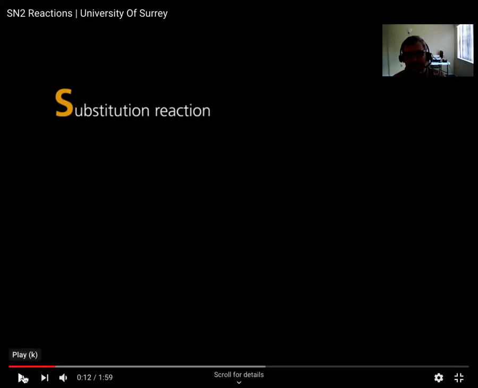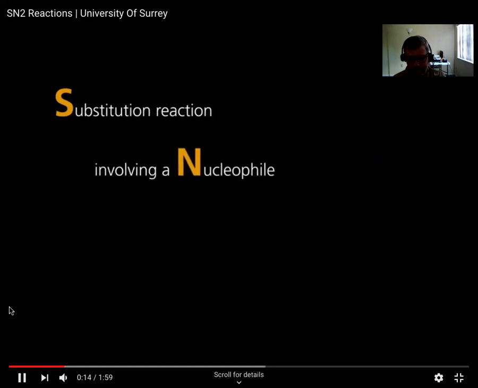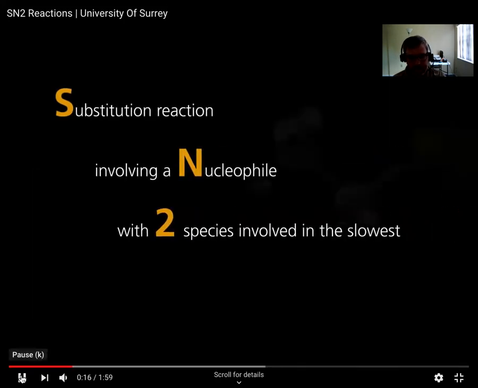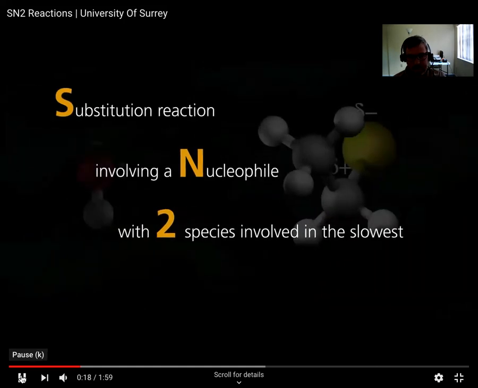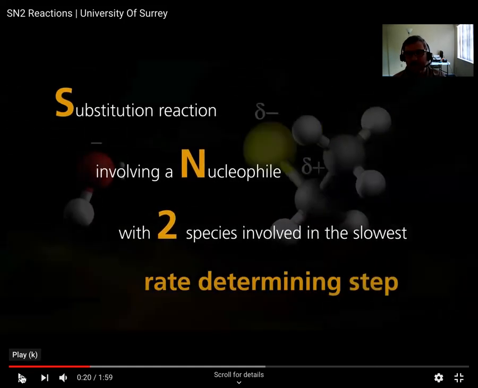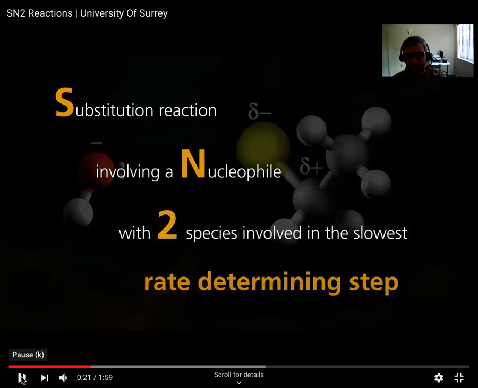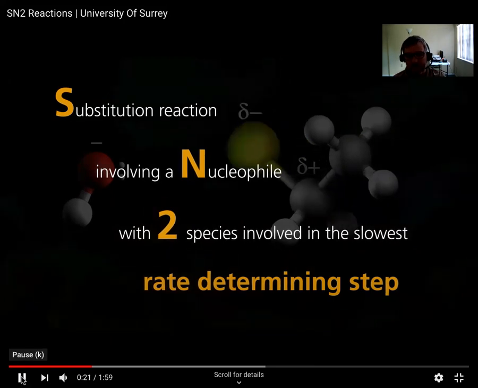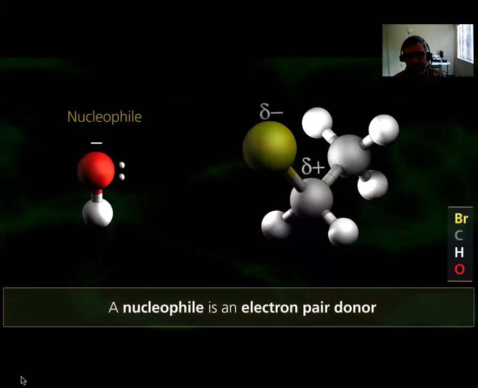The N shows the reaction involves a nucleophile. 2 is the number of species involved in the slowest rate-determining step. Now, an Sn2 reaction actually only has one step, and it involves 2 species. A nucleophile is an electron pair donor.